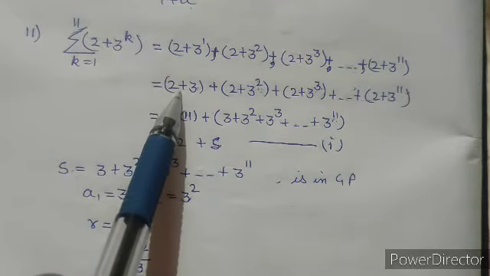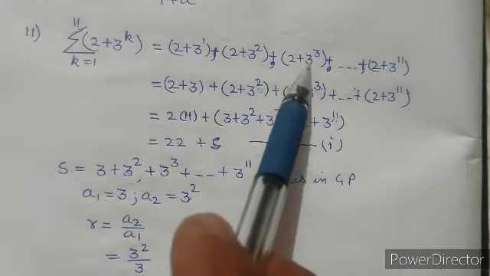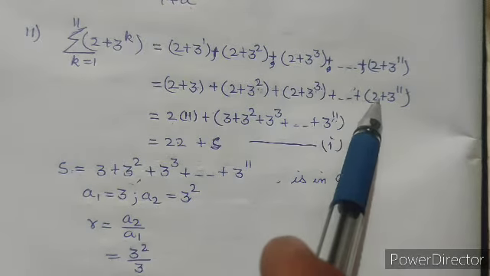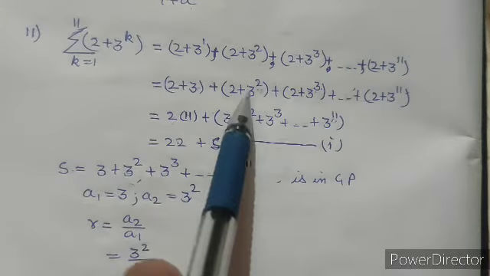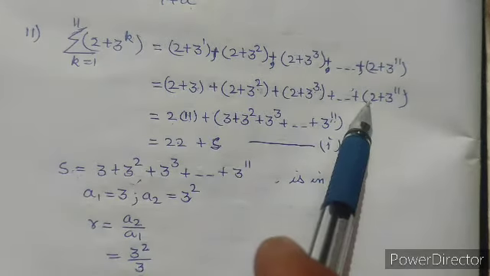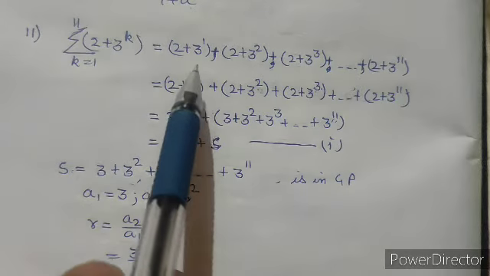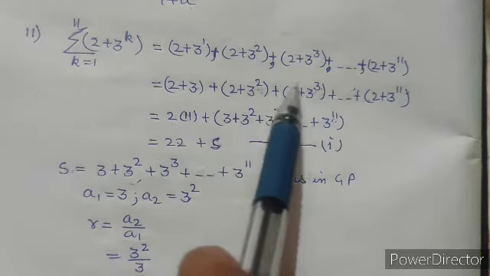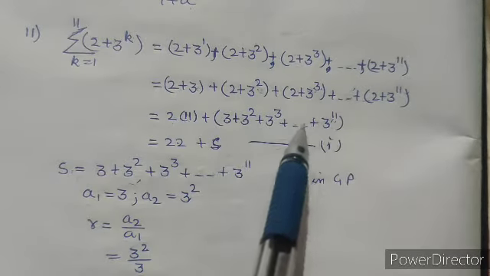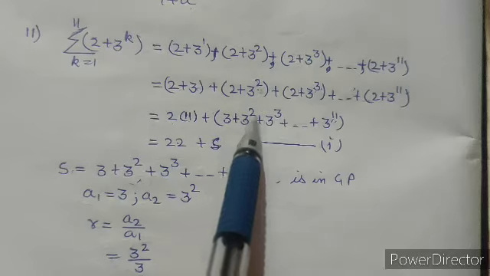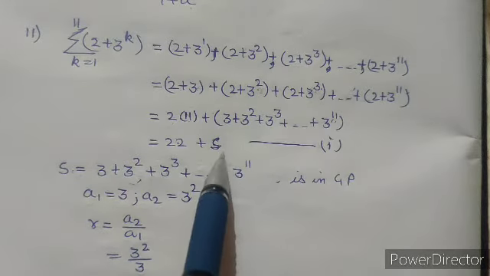Now this can be written as 2 plus 3 plus 2 plus 3 square plus 2 plus 3 cube and up to 2 plus 3 raised to power 11. Now here 2 is coming 11 times, so it will be equal to 2 into 11 plus 3 plus 3 square plus 3 cube plus up to 3 raised to power 11. Now let this 3 plus 3 square plus 3 cube up to plus 3 raised to power 11 be equal to s.